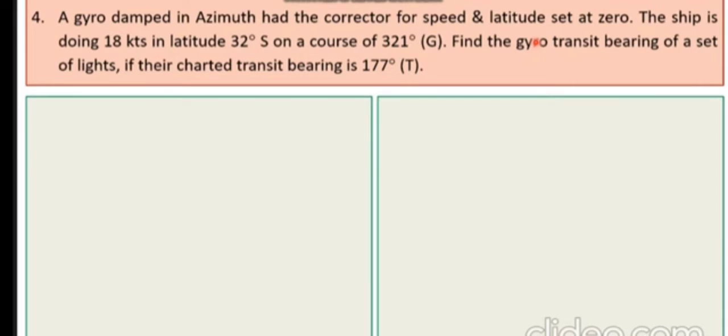Now if these knobs are not properly set, the gyro will not be able to apply these two errors in the readings, and whatever readings you obtain from the gyro will have these errors included in them.